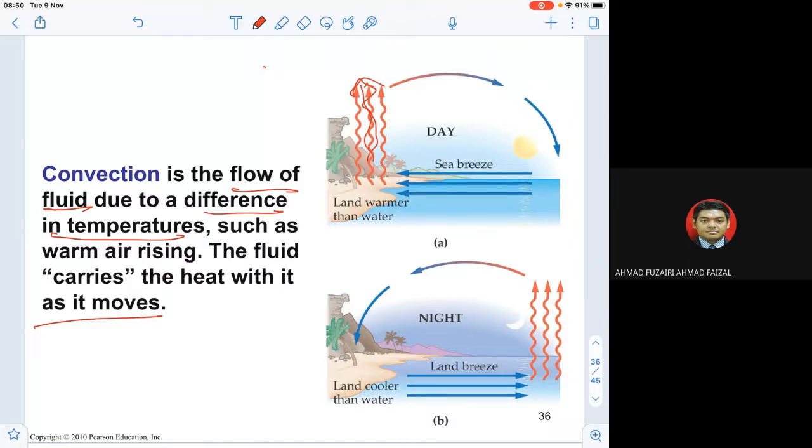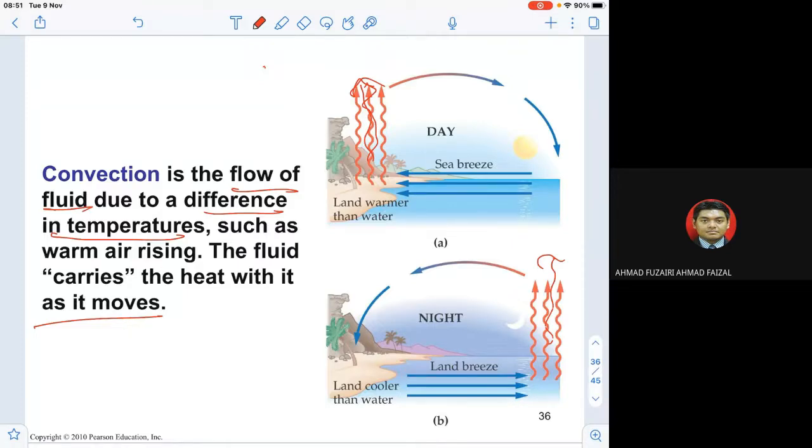Compared to the night time, the water has been giving off more warmth. The heat from the water will go up first, and then it will be replaced by the land breeze coming from the land.